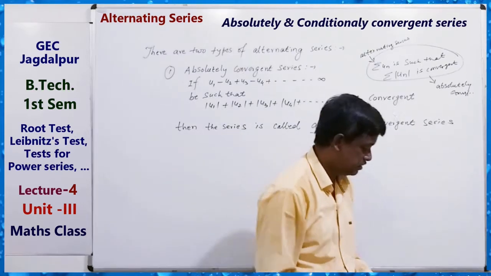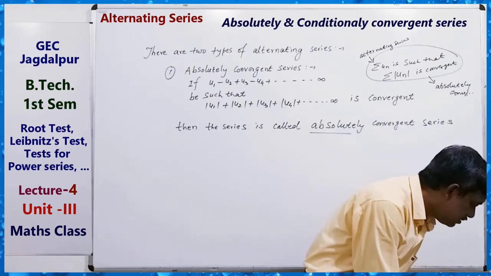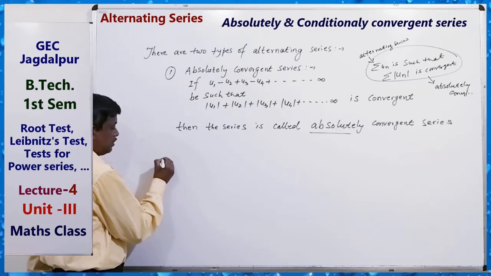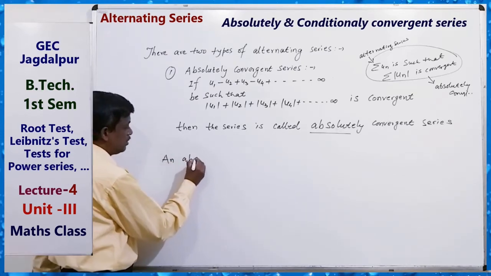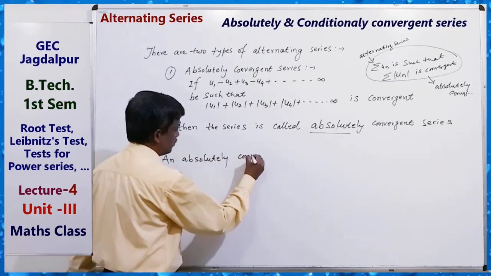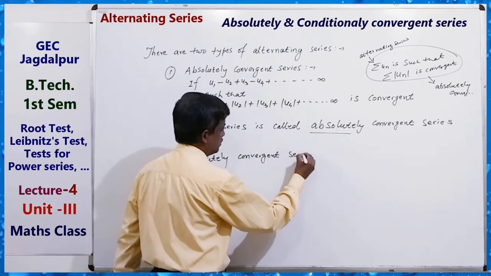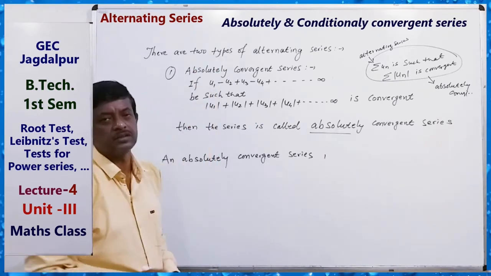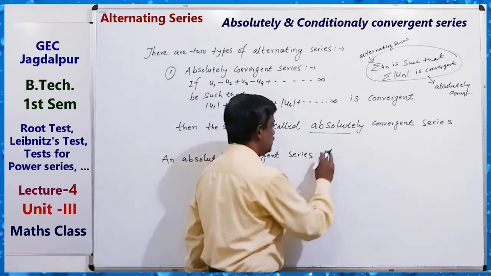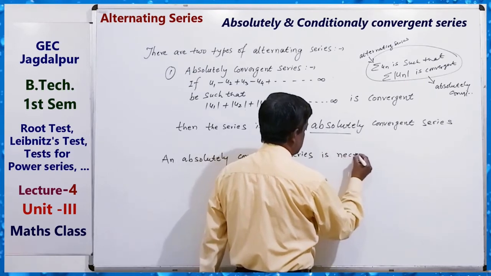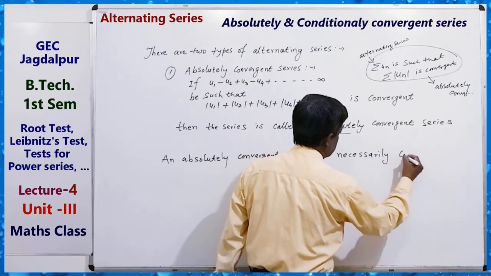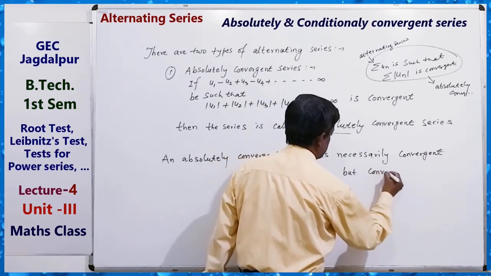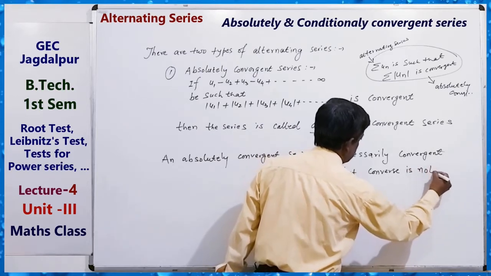An absolutely convergent series is necessarily convergent, but the converse is not true.